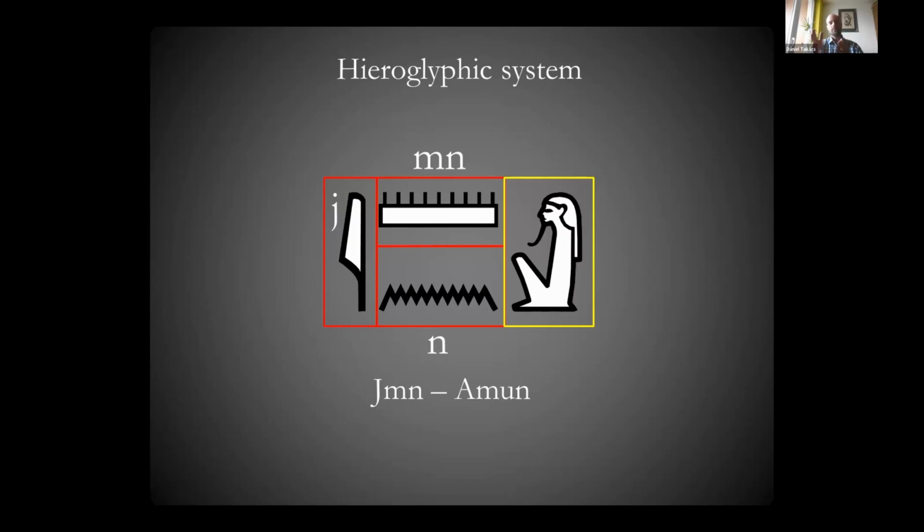Usually the latter part of the words, which is squared here in yellow, is a type of image that we call determinatives in Egyptology, which is a rather unfortunate name, but there are no better alternatives really to what they do.